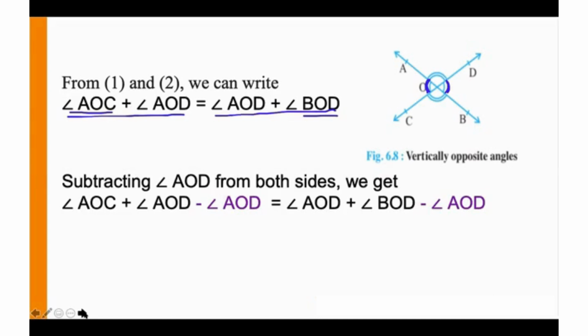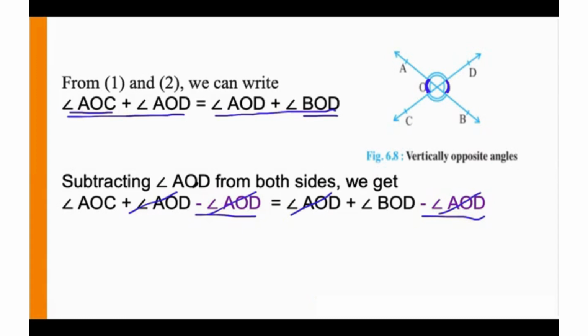Let's see how we can remove it. Subtracting angle AOD from both sides: I subtract AOD from the left-hand side and also angle AOD from the right-hand side. What will happen? Positive AOD and negative AOD will cancel out here, and again, positive angle AOD and negative angle AOD will cancel out here.